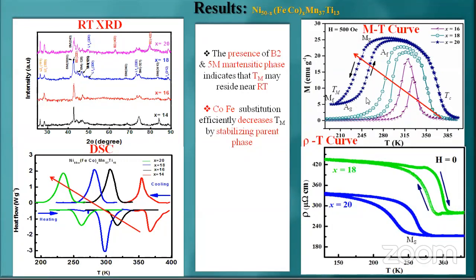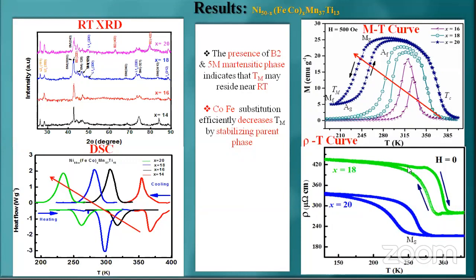Before going into details of the reason behind it, first I come to this graph. This is temperature dependence resistivity under zero magnetic field. This was done in standard collinear 4-probe geometry from 300 to 3 Kelvin. If you see in this graph, there is an abnormal change in resistivity during forward and reverse transition.